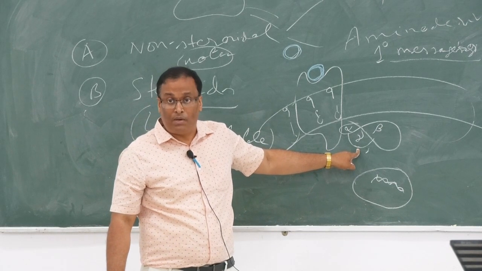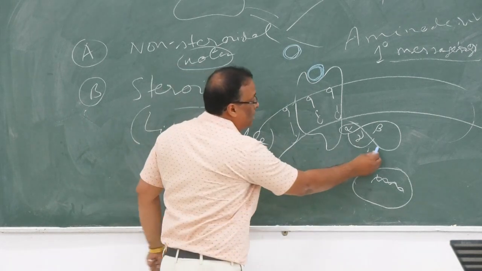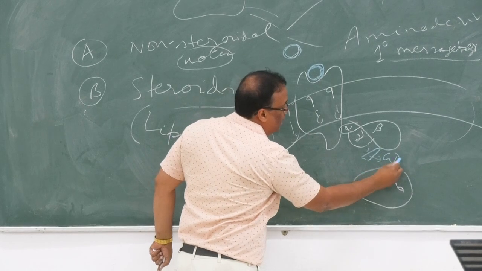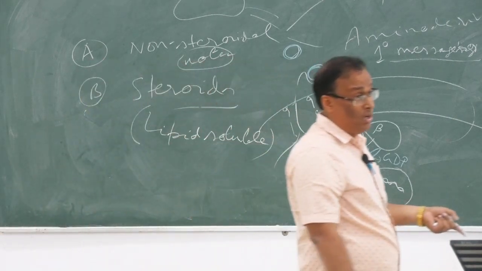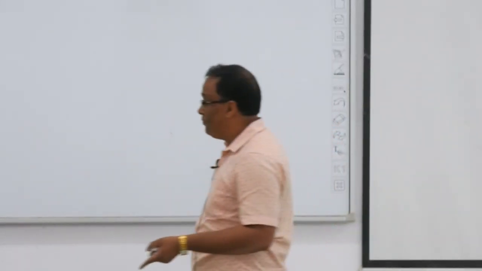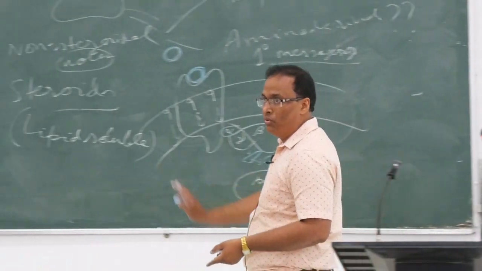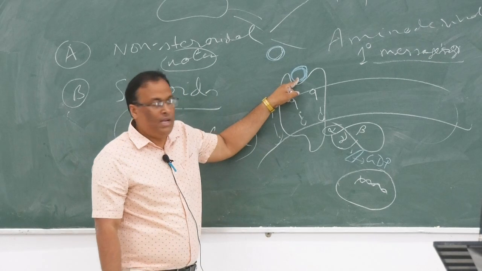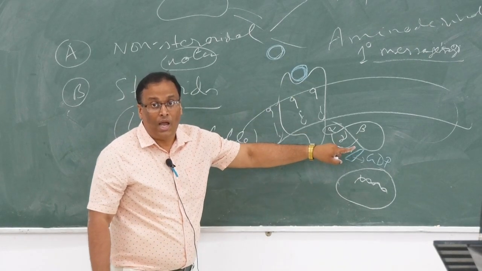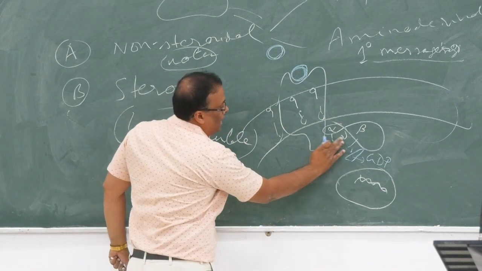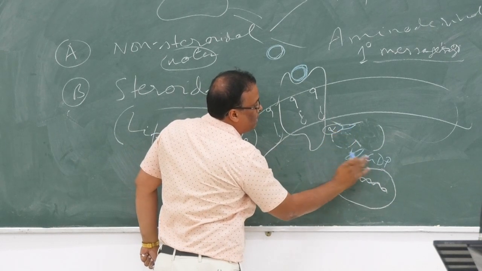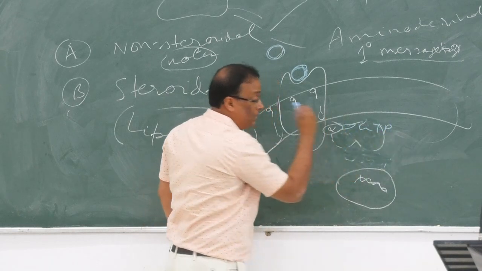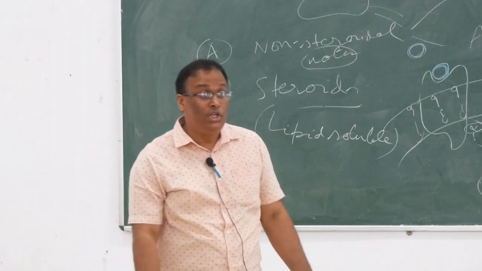Before that, remember the G protein is coupled with GDP. This GDP-coupled G protein is connected to the receptor which can bind a peptide hormone or a non-steroidal hormone, except a few. When binding happens, there are conformational changes: the gamma and beta subunits go away, and the alpha subunit, where GDP was, gets converted into GTP.